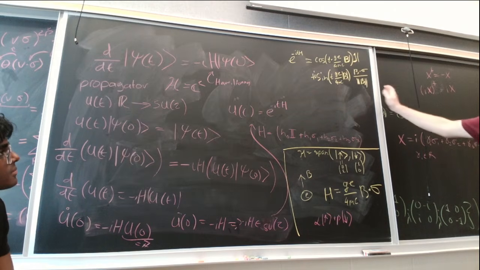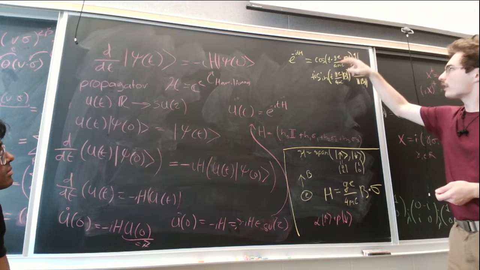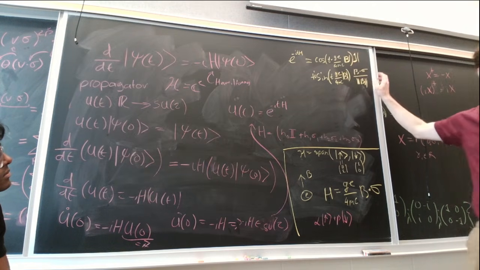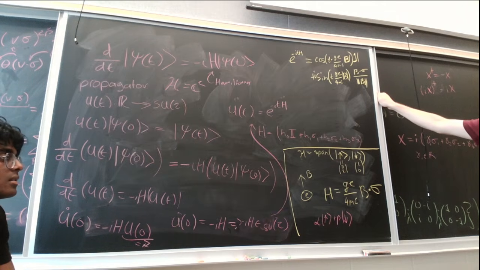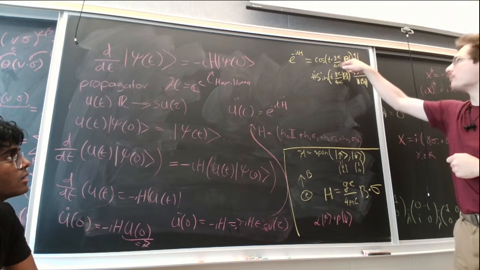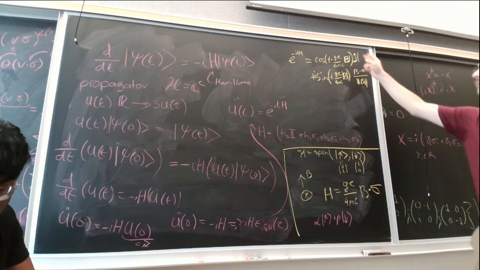But what do I see? I have some cosine plus some sine, where the stuff inside is t times some coefficient, and this coefficient is the same for the cosine and the sine. This is as expected. If I evolve for long enough time, I will go back to the same state, because if I move t by 2 pi divided by this number, I'll get back to the same value of cosine.